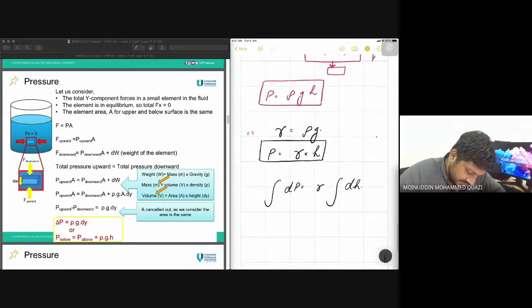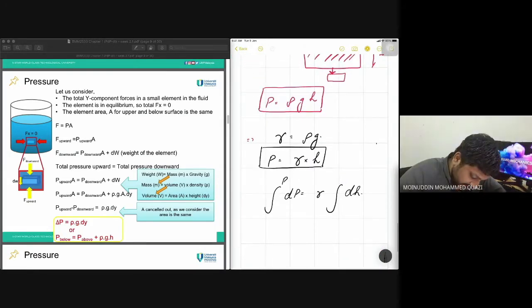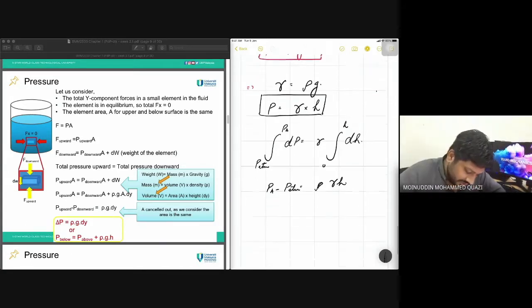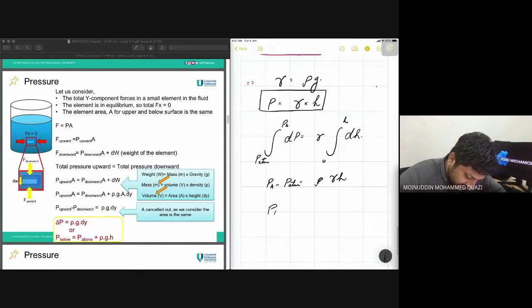So PA minus P atmospheric is equal to gamma into h. So the total pressure, the absolute pressure which is acting on Mr. Alif, is atmospheric pressure plus the fluid pressure, gamma into h.